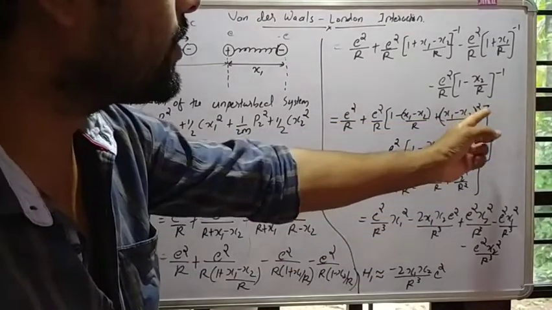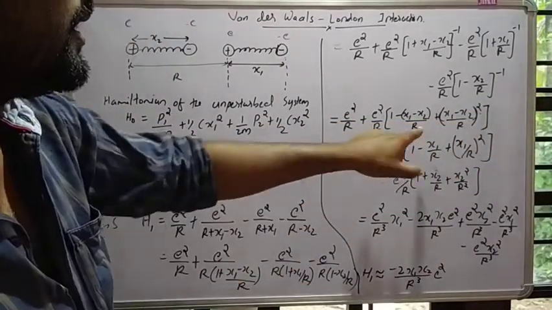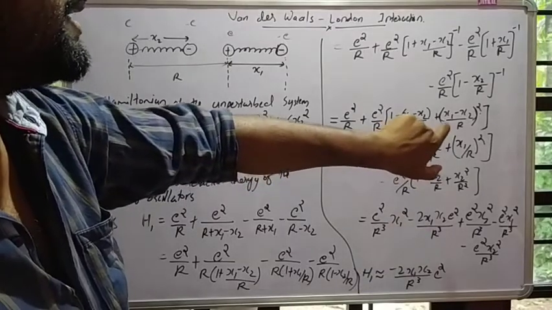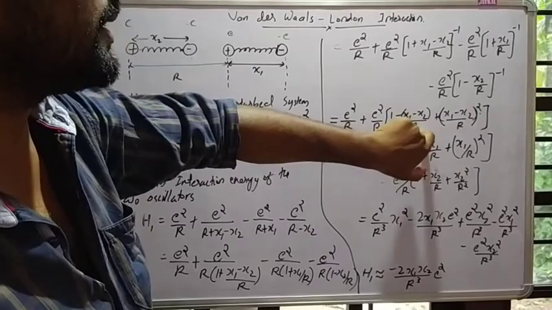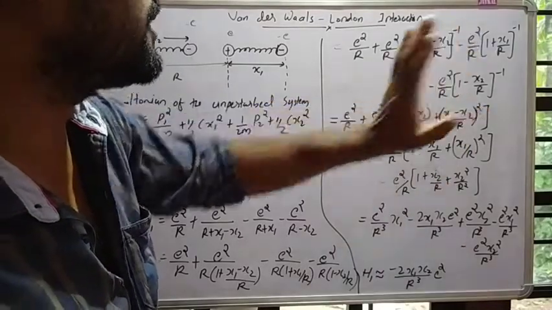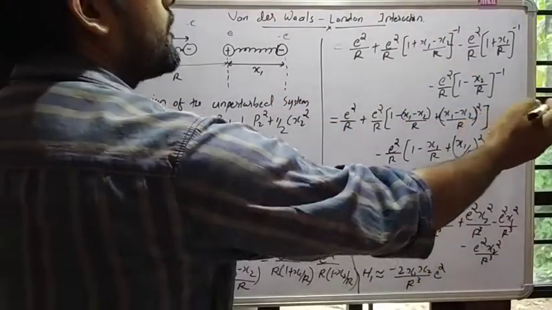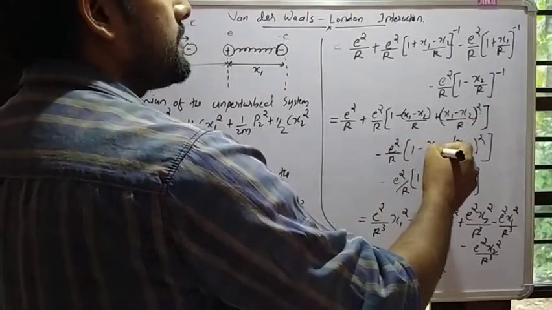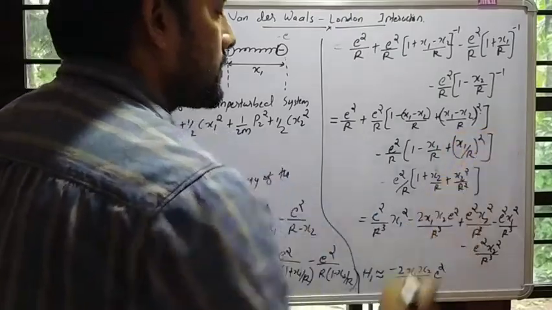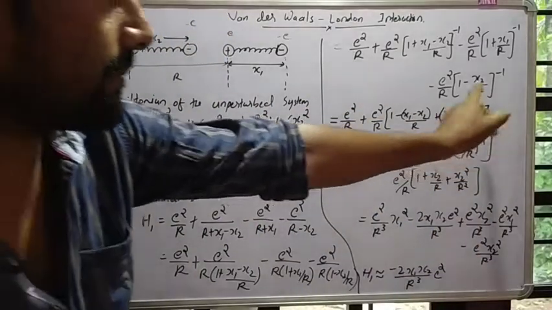I am skipping higher order terms because R is in the denominator, and as the order increases, the value becomes small. So I will get minus E square over R into 1 minus x1 over R plus x1 over R whole square, etc., skipping the higher order terms.